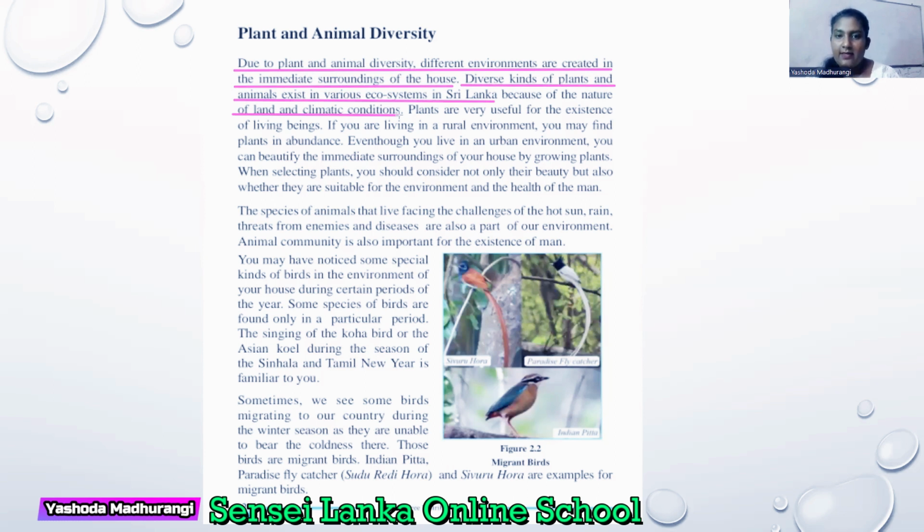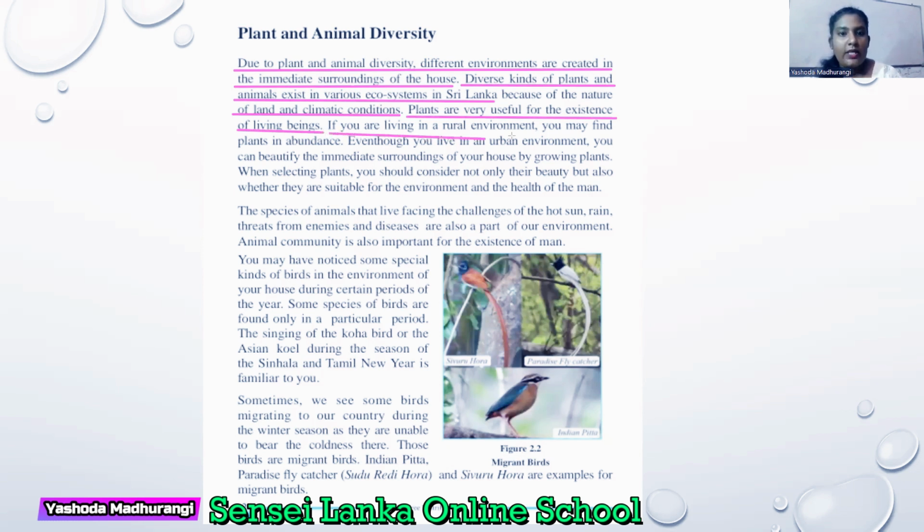According to the land, according to the climate, plants are different, animals are different. Plants are very useful for the existence of living beings, not only for people but also for animals and other creatures. We need plants. They give us oxygen and food.